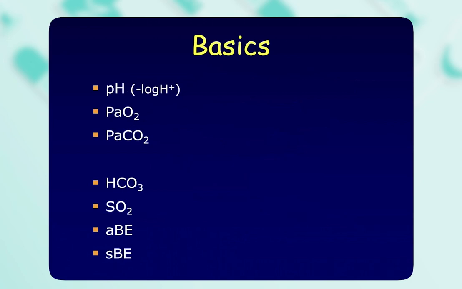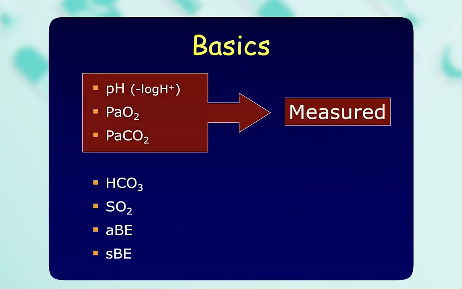So, the basics. Nowadays there are multiple parameters, but these are the very common parameters every blood gas has. Advanced ABG machines have many other parameters, but these are the most important and most common, which are accurately measured by a blood gas machine. pH, partial pressure of oxygen, and partial pressure of carbon dioxide are directly measured.